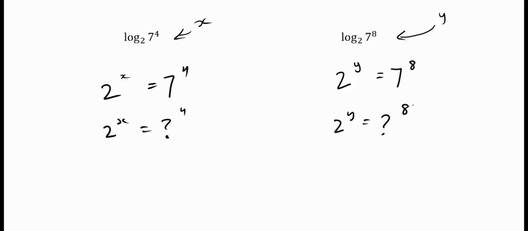Again, that question mark is like 2 to the something, right? So this is where I can go, therefore, x equals 4 and y equals 8, right? Like I can get rid of the bases.